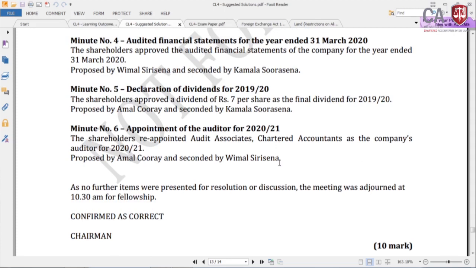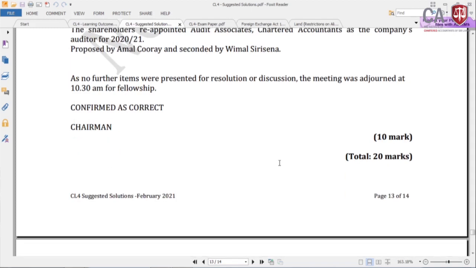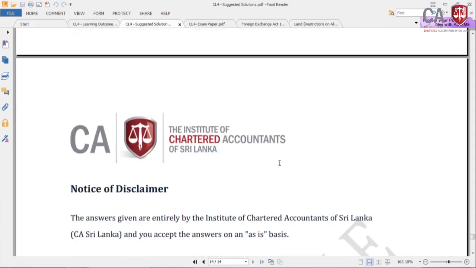The shareholders reappointed Audit Associates, so it can be either reappointed or a new one appointed, Chartered Accountants as the company's auditors for the year 2020-21, proposed and seconded. As no further items were presented for resolution or discussion, the meeting was adjourned at 10:30 a.m. for fellowship. Confirmed as correct, Chairman, to sign the minutes.